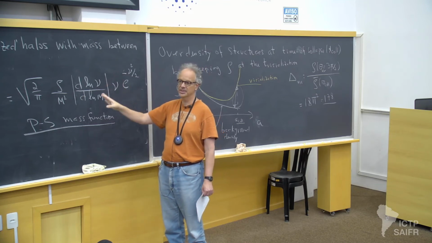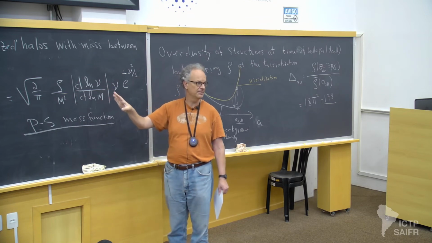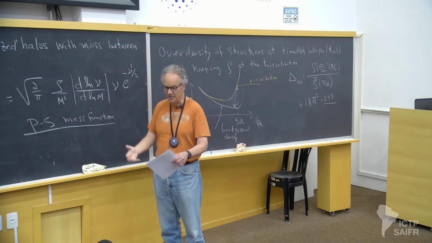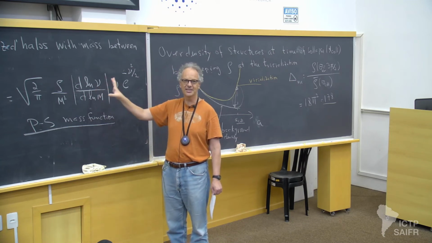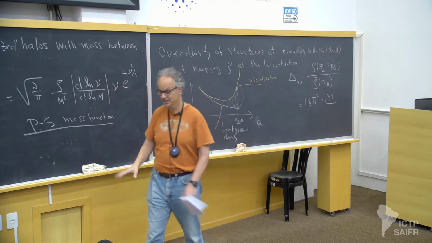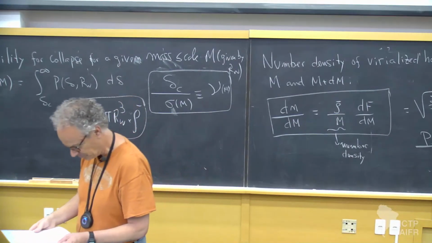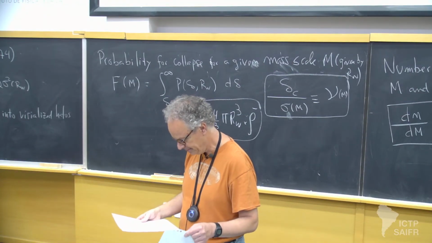Like the Tinker mass function is fitted on lambda CDM simulations. But the motivation for this parameterization of the mass function comes from Press-Schechter. So Press-Schechter is a basis for mass functions if you think about it. All right. So that's one thing.